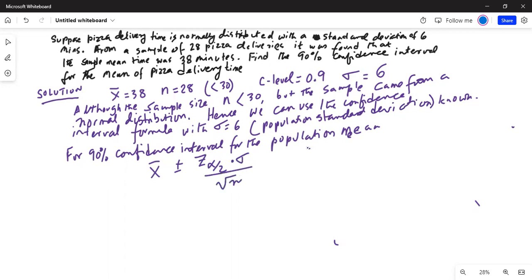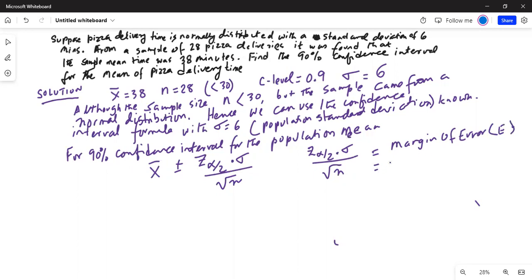Now, this whole term, z alpha by 2 times sigma divided by square root of n, is known as margin of error, which is often indicated by the symbol E.